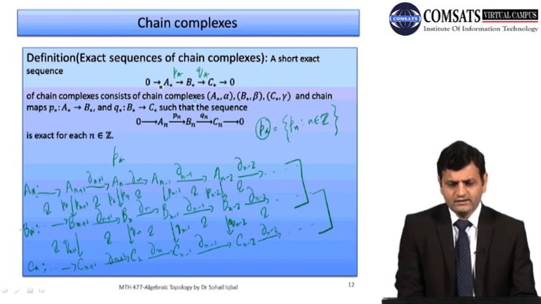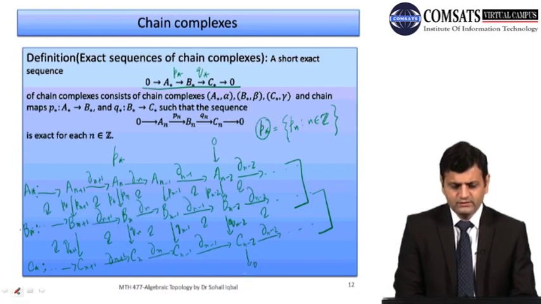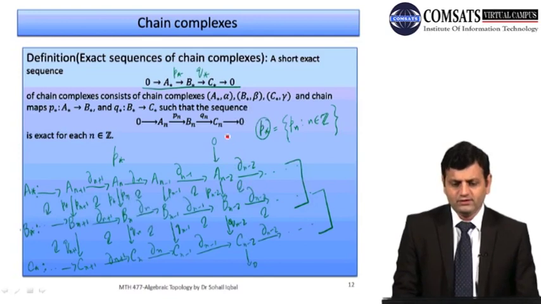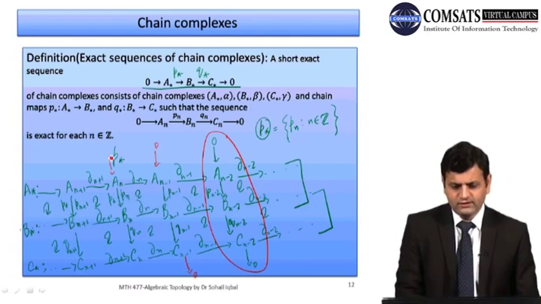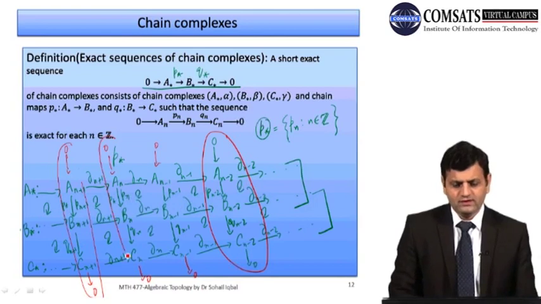There is another condition that you start from 0 and end at 0. So in this case you start from 0 and end at 0, and this part is a short exact sequence. Similarly we have 0 and 0 on these sides, and all these sequences are short exact sequences.